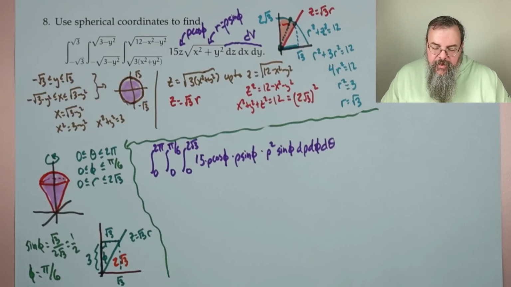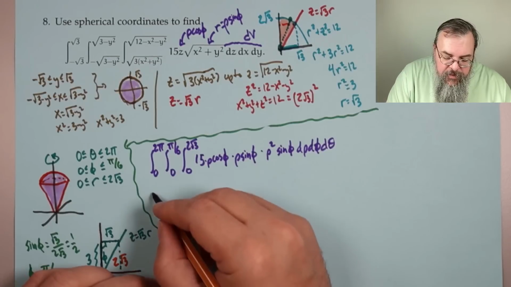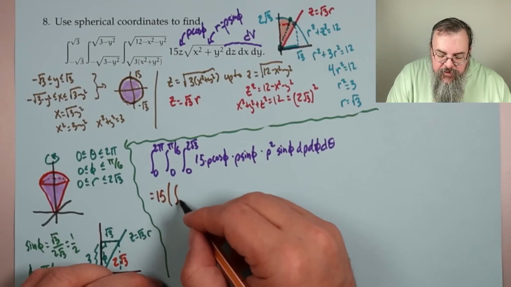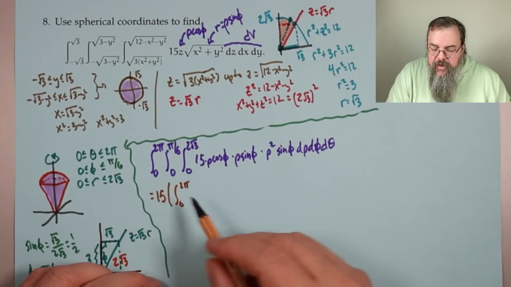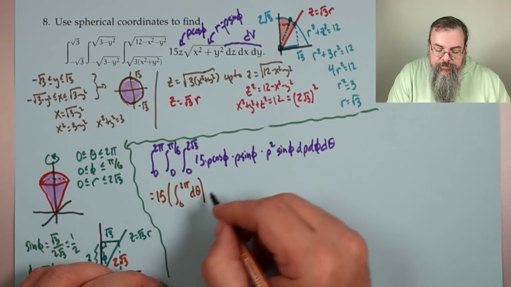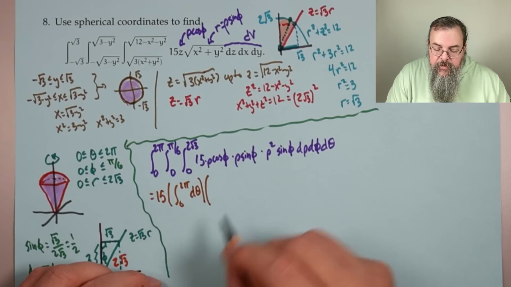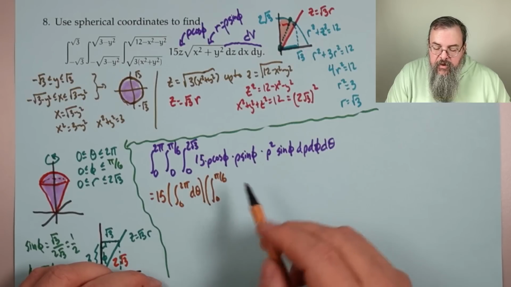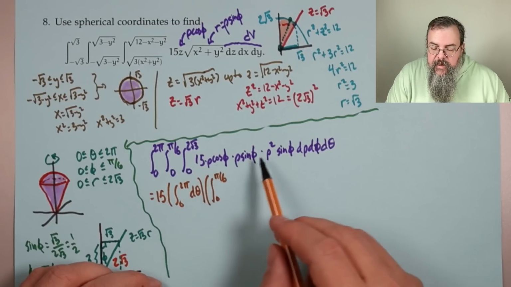So this is going to be equal to, we'll pull the 15 out in front, and then we're going to have the integral 0 to 2 pi, and there's no theta terms, so it's integral 0 to 2 pi d theta. Now, for phi, integral 0 to pi over 6. We have a cosine, and we have 2 sines.